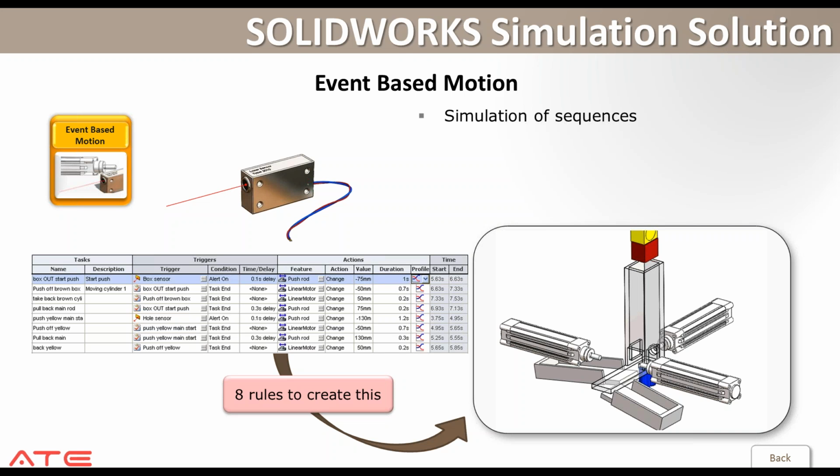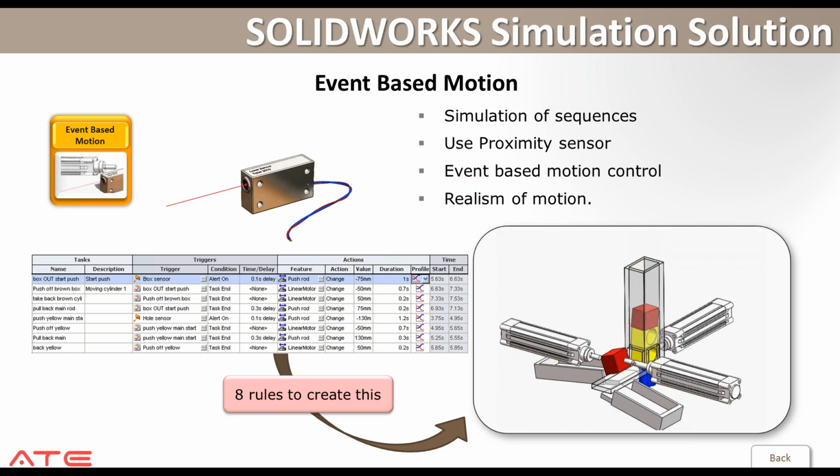So in short, it is a simulation of a sequence. There is a capability to use sensors, and a quick example is the one on the right hand side, where the sensor is told to sort the yellow and red cubes into different trays.